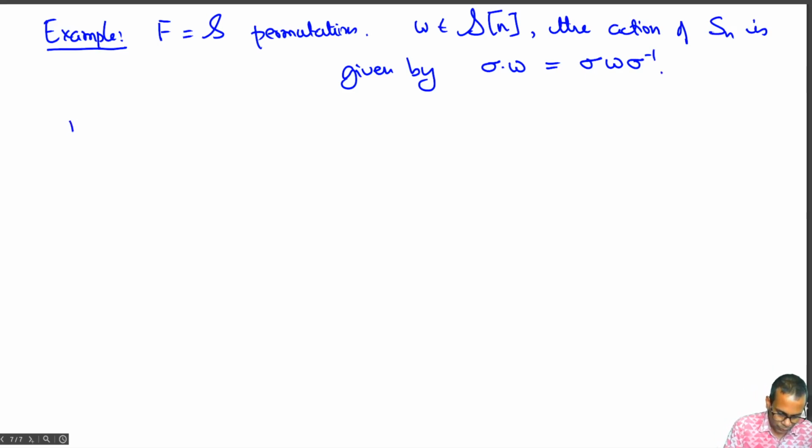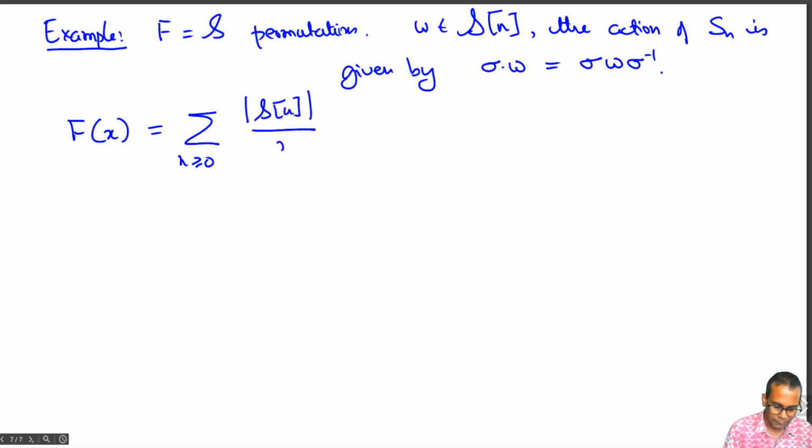Okay, so let's compute the series. F(x) is just the summation over n greater than or equal to 0 of the cardinality of Sn divided by n factorial, times x to the n. But the cardinality of Sn is n factorial, so n factorial by n factorial cancels out, and this is just the summation of x to the power n, which is 1 over 1 minus x.